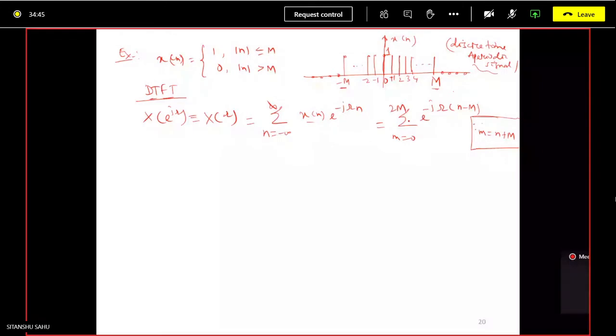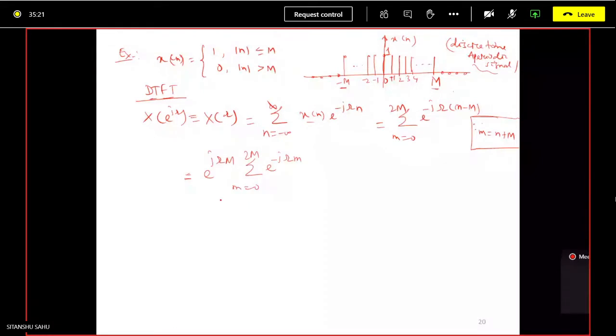Now if I factorize this, I can write e to the power j omega m, and then the summation from 0 to 2m of e to the power minus j omega k.